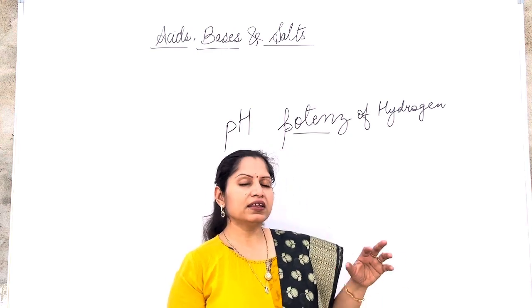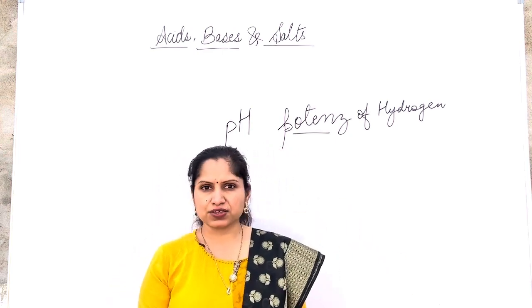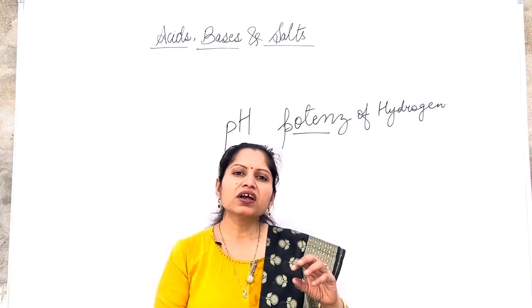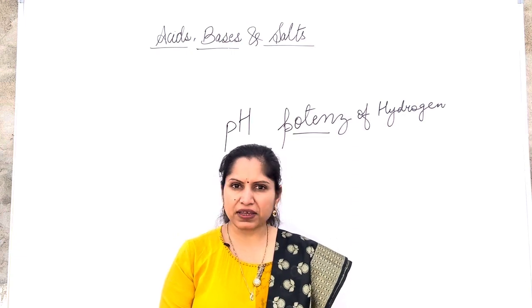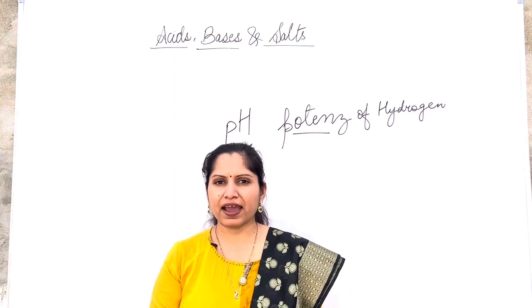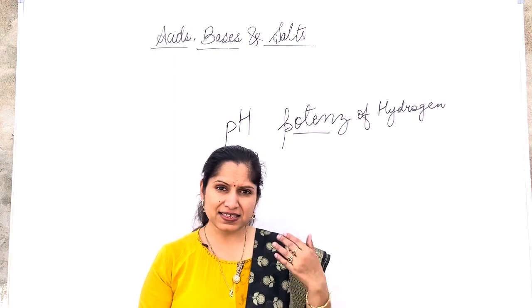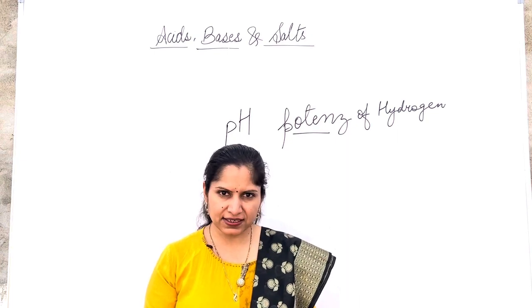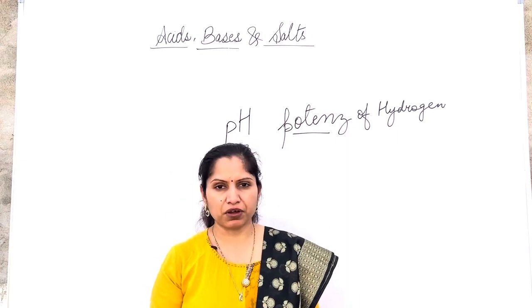Okay. Next comes the pH in our digestive system. In our digestive system, especially in the stomach, hydrochloric acid is produced for the digestion of food and for destroying microorganisms. But if there is excess secretion of this hydrochloric acid, that will lead to acidity and burning pain in the stomach.